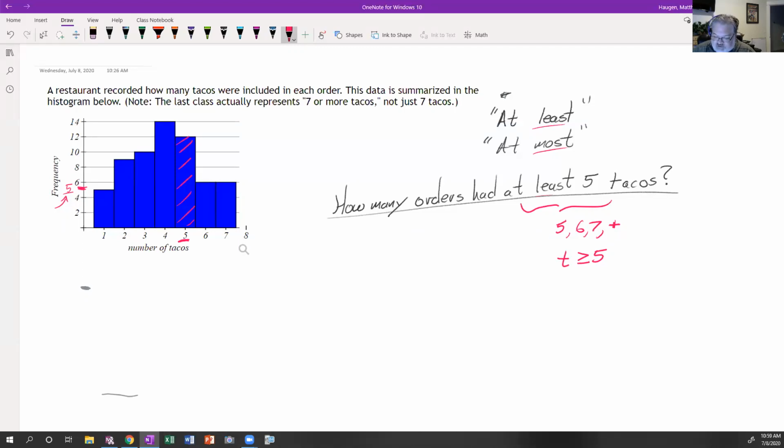But we want at least 5, so that would be 5 or 6 tacos, which happened 6 times, or 7 plus, which also happened 6 times. If we add up those frequencies, we get 24.